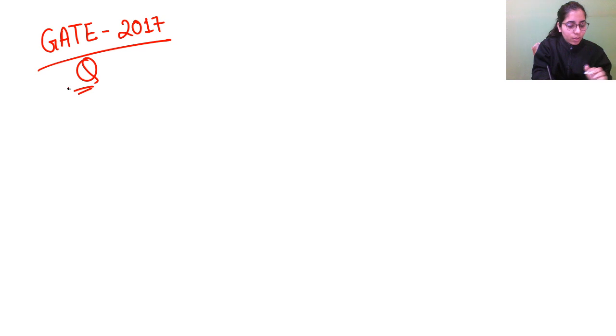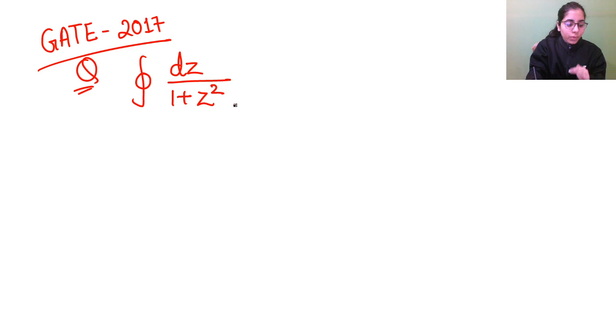The question is the contour integral dz upon 1 plus z square, evaluated along the contour going from minus infinity to plus infinity along the real axis, and then closed by a circle enclosed in the lower half plane. I will also talk about a trick here.